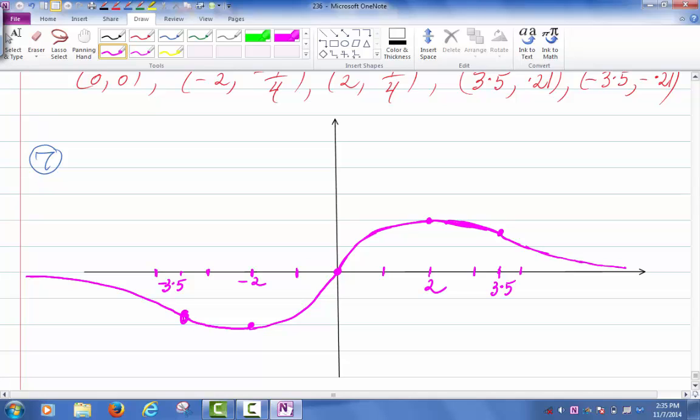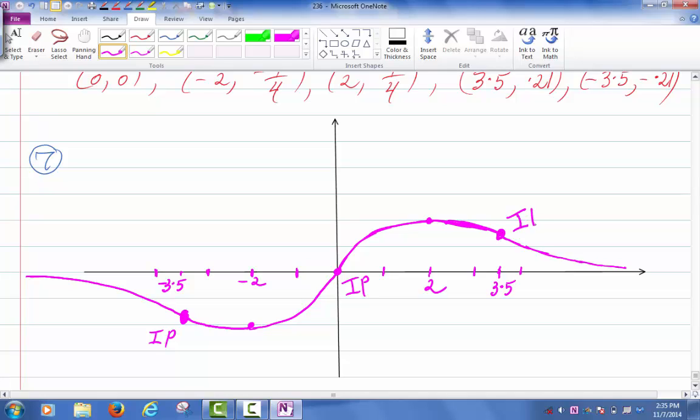What are the inflection points? Let me call them IP. Inflection point at this point, because concave down and then up. And it is concave up until where? 0. So at 0, I also have an inflection point because the concavity changes there. And the concavity changes after that where?